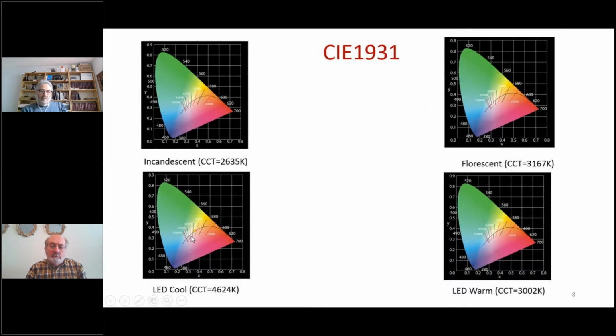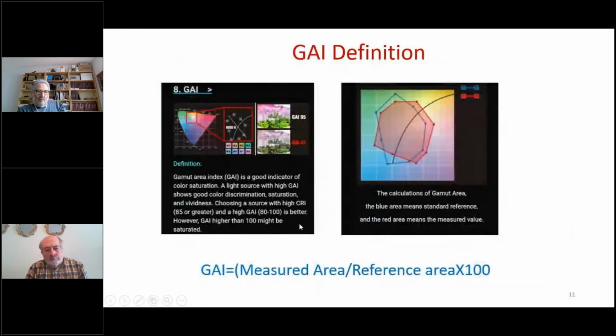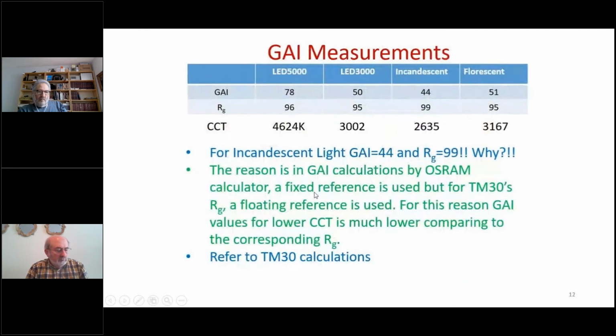So this compared to this is about 20%, but this compared to this is about 60%. And these three are almost similar to each other. So it all depends on where the point falls on the chromaticity diagram. Usually when it's a higher temperature, higher correlated CCT, it has less purity.